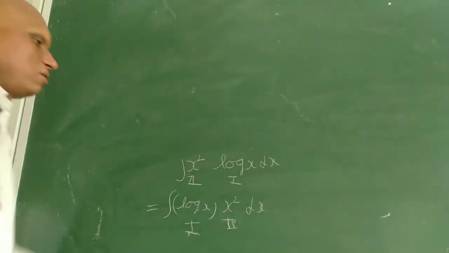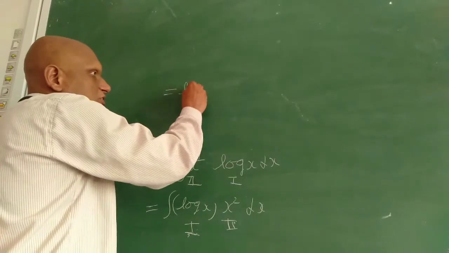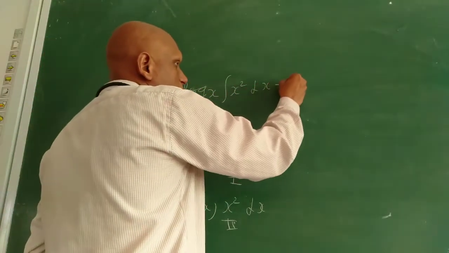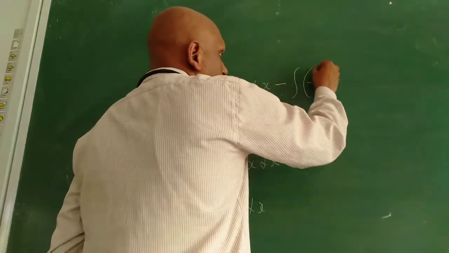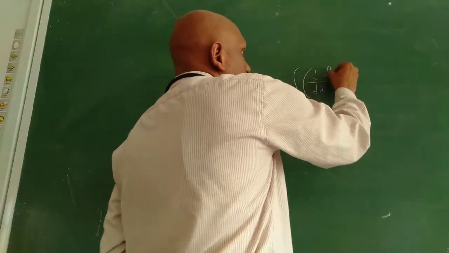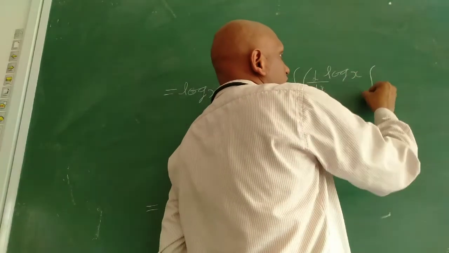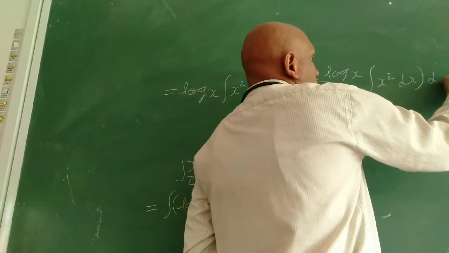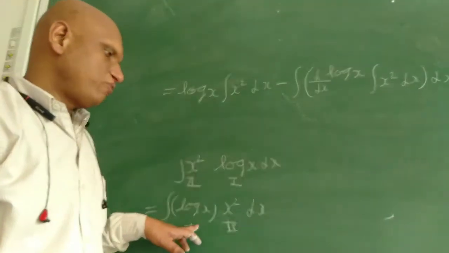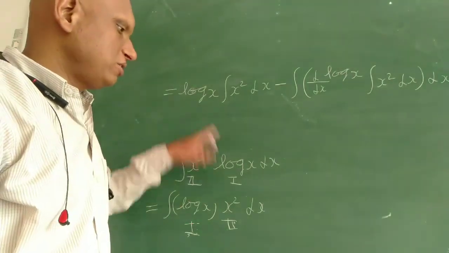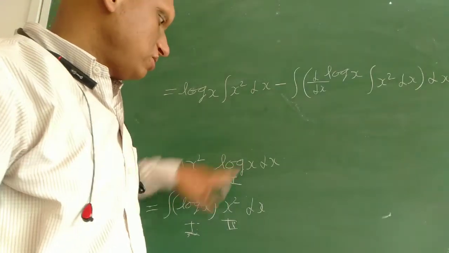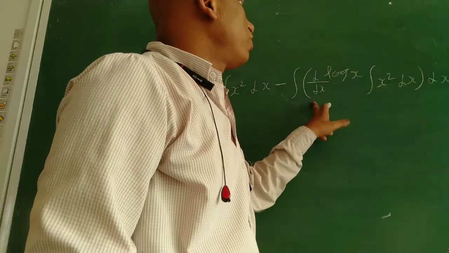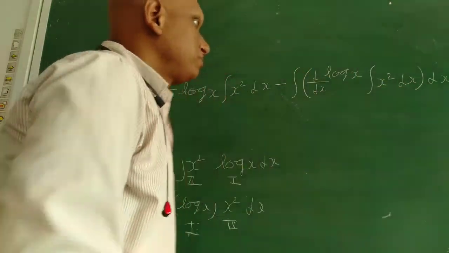Okay. Now first function as it is, integration of the second function, minus integration bracket, differentiation of the first function, integration of the second function, and dx. Right? First function as it is, integration of the second, minus differentiation of the first, integration of the second, and the integration of the whole.